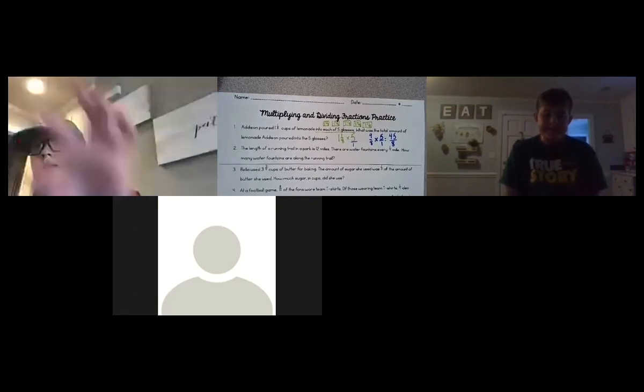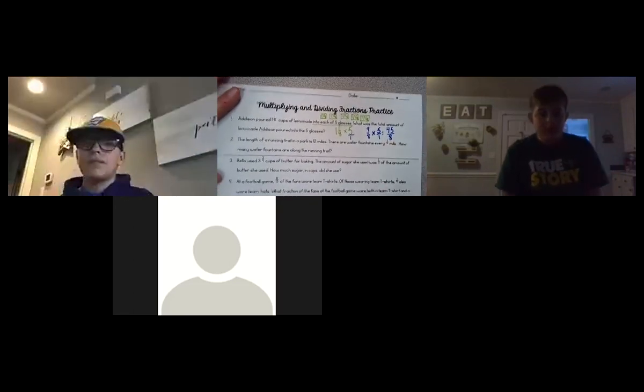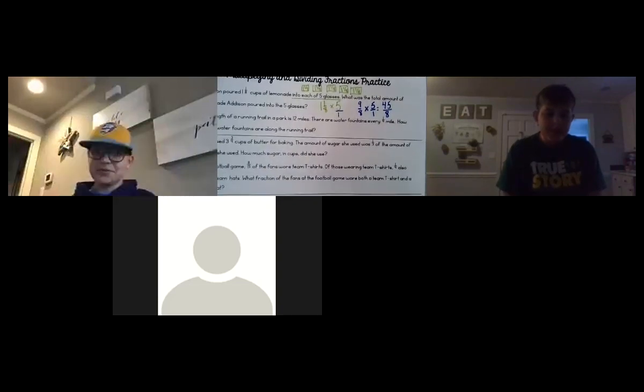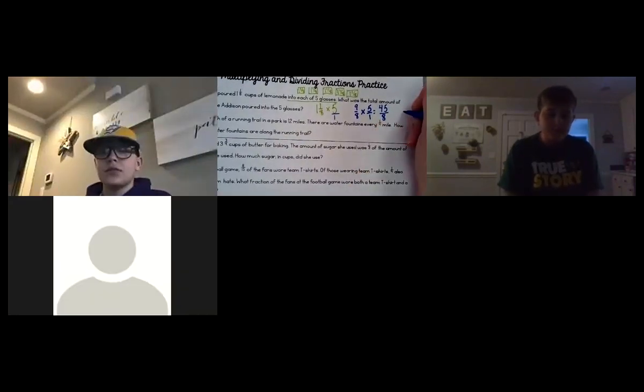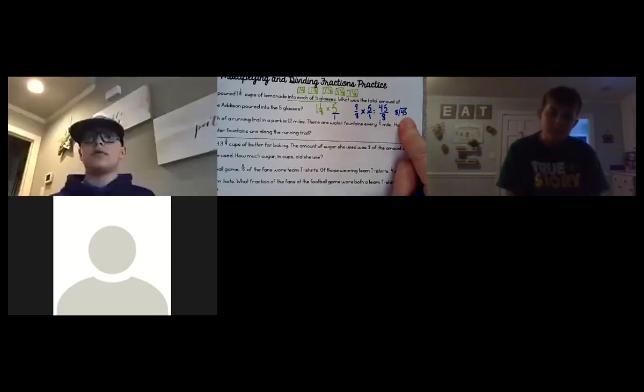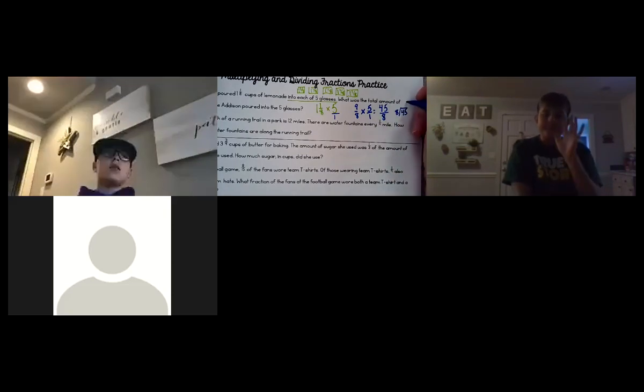This is a big fat improper fraction. So what you have to do is you have to divide it to turn it into a mixed number. All right, tell me what to do, Brennan. If I've got 45 and I'm going to divide it by 8, how many times does 8 go into 45? 5 times. 5 times 8 is? 40. That's okay.